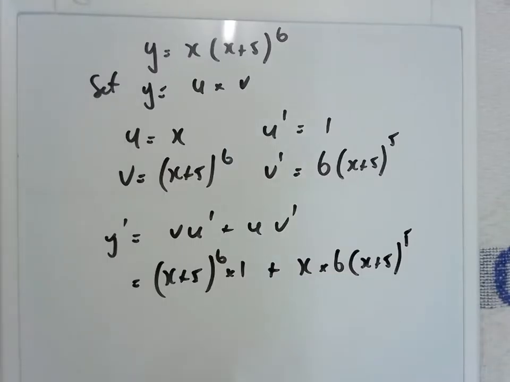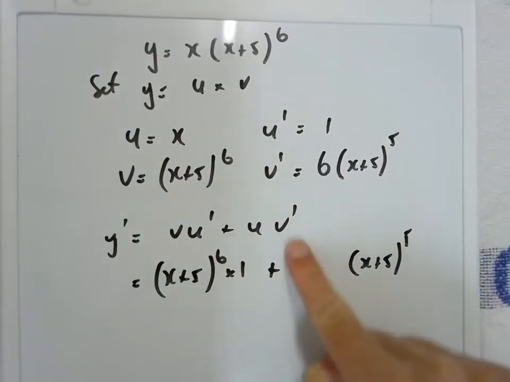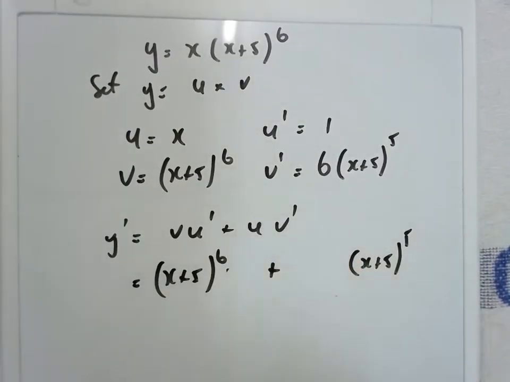Now, I could tidy that up a little bit, but I can just do it here, just to save a little bit of room. That times 1 will just disappear, and that's a 6x, isn't it?